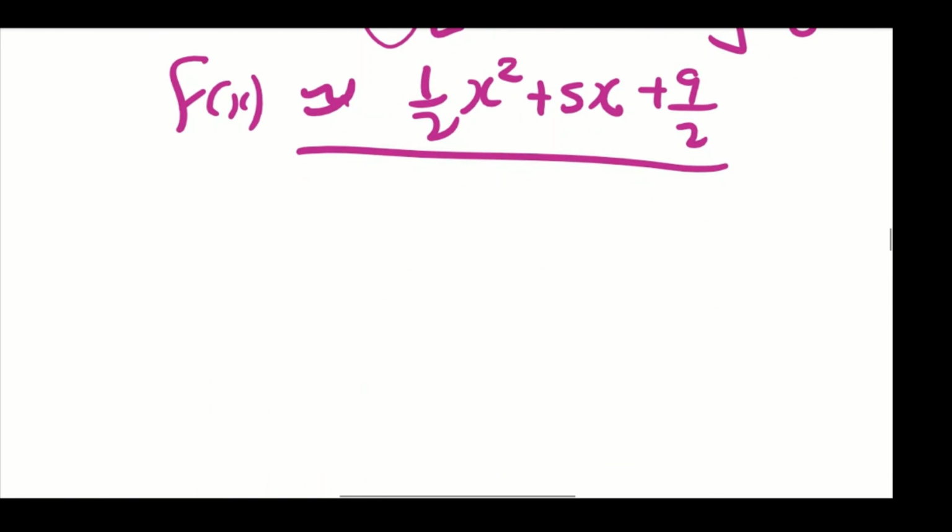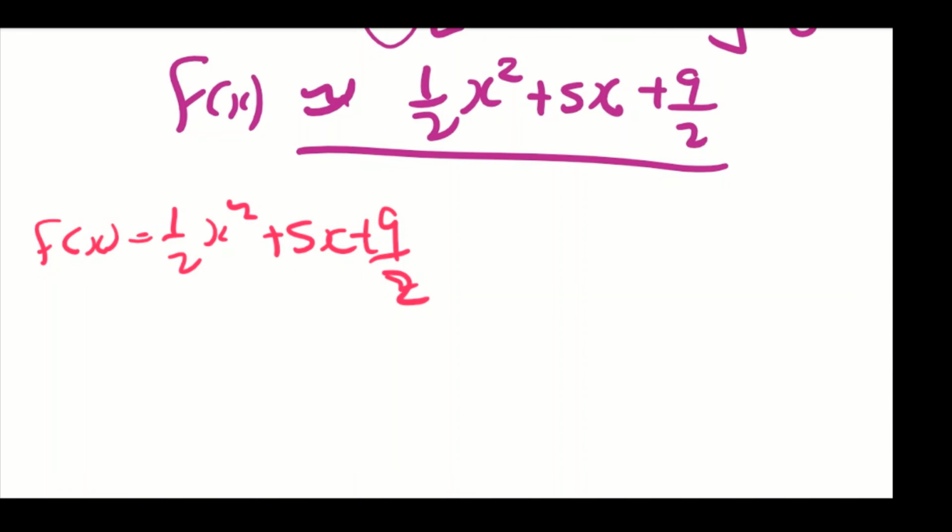So what you have now is f of x in standard form, 1 over 2 x squared plus 5x plus 9 over 2, right? And you have h of x, which is equal to the inverse of g plus k. So what is the inverse of g?